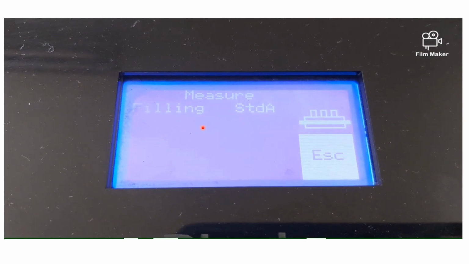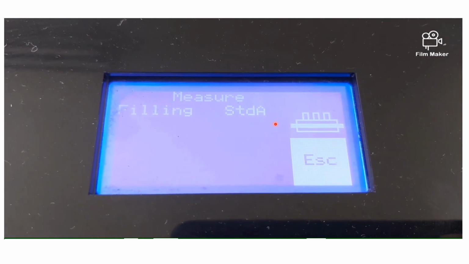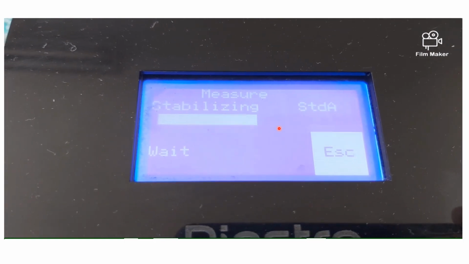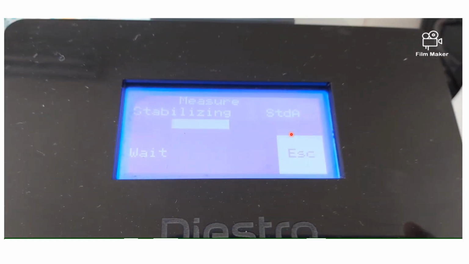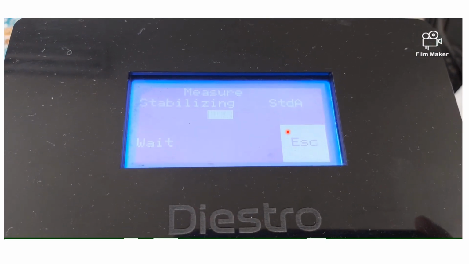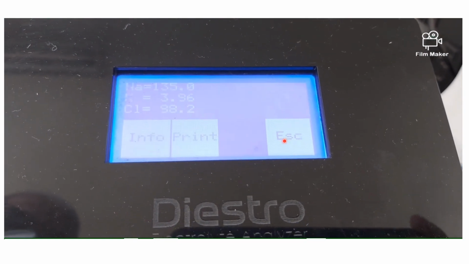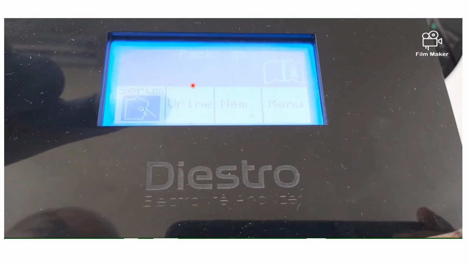Once the filling of sample is done, now there will be filling of standard, with which the results will be compared and calculated. So now again the stabilization period is going on with the standard, and after this is done, the result will be displayed on the screen. So here the result is being displayed on the screen.